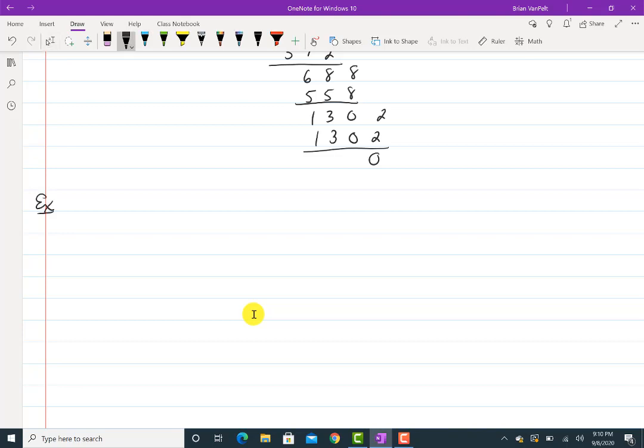My last example will be something of a word problem. We're going to try to get you comfortable with these things by starting with easy ones.